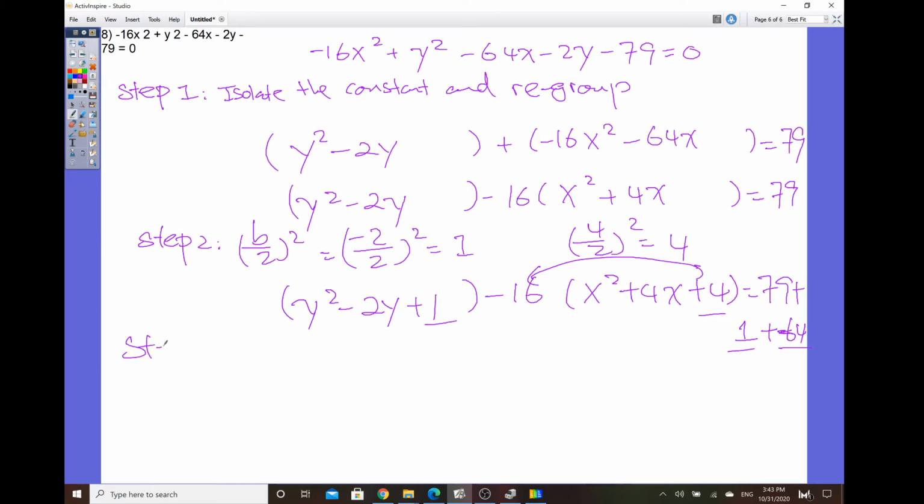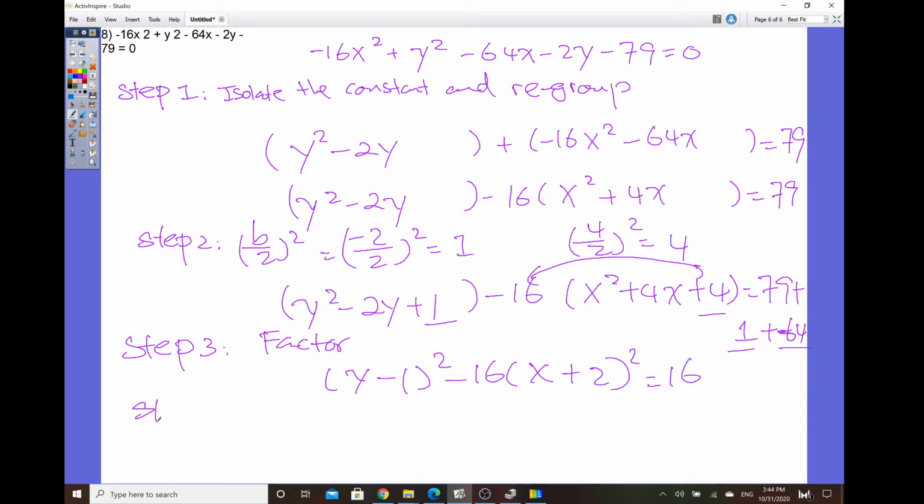And then step 3. Now we can factor it. This one turns out to be y minus 1 quantity squared minus 16 times the second group, x plus 2 quantity squared. So 79 minus 64 is 15, plus 1, that would be 16.